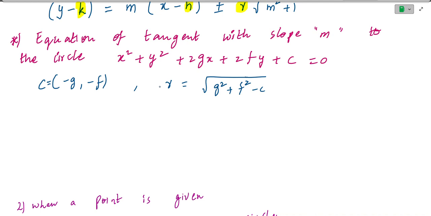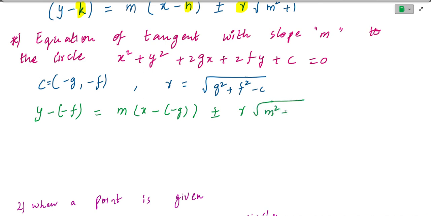So in this equation of the tangent, y minus the y coordinate of the center, that is minus f, is equal to m into x minus the x coordinate of the center of the circle, that is minus g, plus or minus r into under root of m square plus 1. Let me simplify this equation. Y minus of minus f becomes plus f.